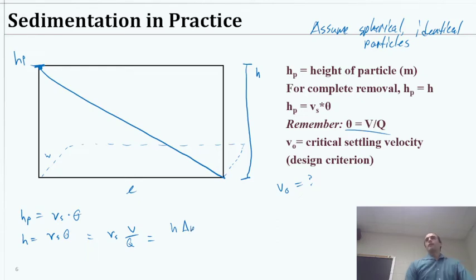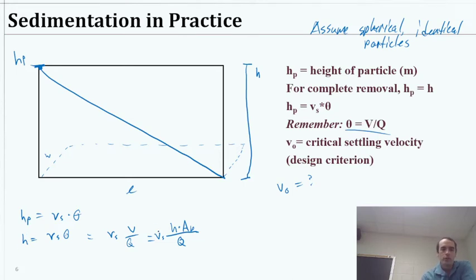That's one way we can keep the rectangular versus circular systems essentially the same in terms of math, at least in terms of this equation, because the area of the basin is either length times width or the area of the circle. So we can just leave it as AB here and then figure it out as needed. So this is going to be height times area of the basin divided by Q. We still have the Vs here.